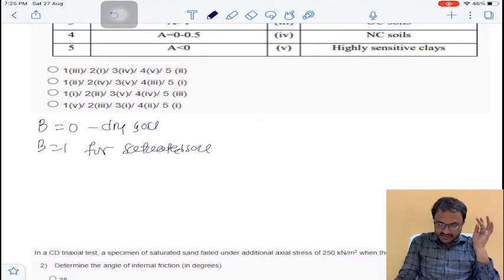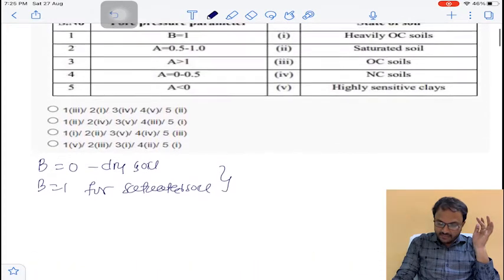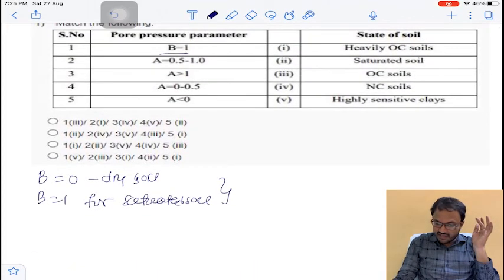So by this he has given B = 1 for saturated soil. So this is matching, and now A is equal to 0.5 to 1 for normally consolidated soil.